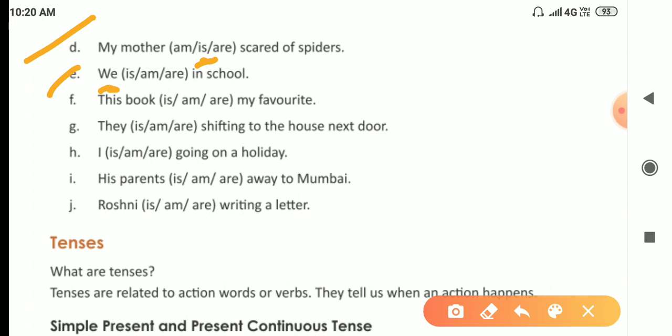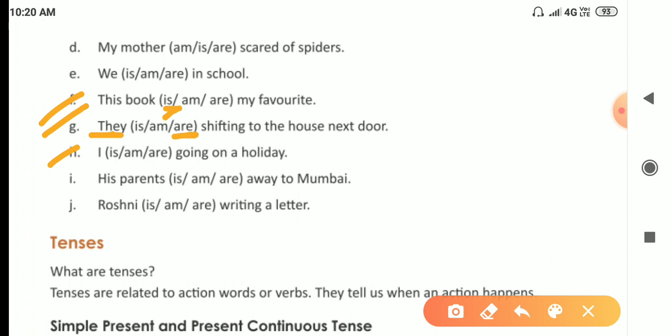We, these are the plural, so we will use here are. We are in school. And next is F, this book is, am, are my favorite. Only one book is here, so we will write here is. Next, in G part, they are shifting to the house next door. They is plural, and we will use are with they.